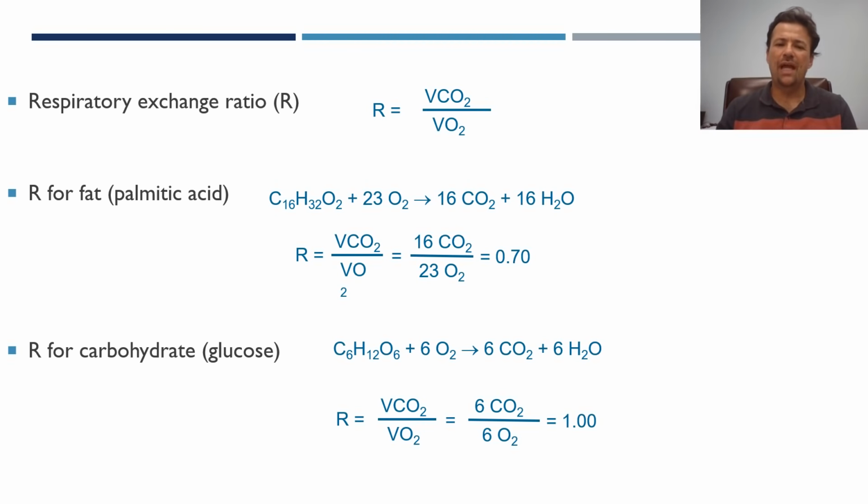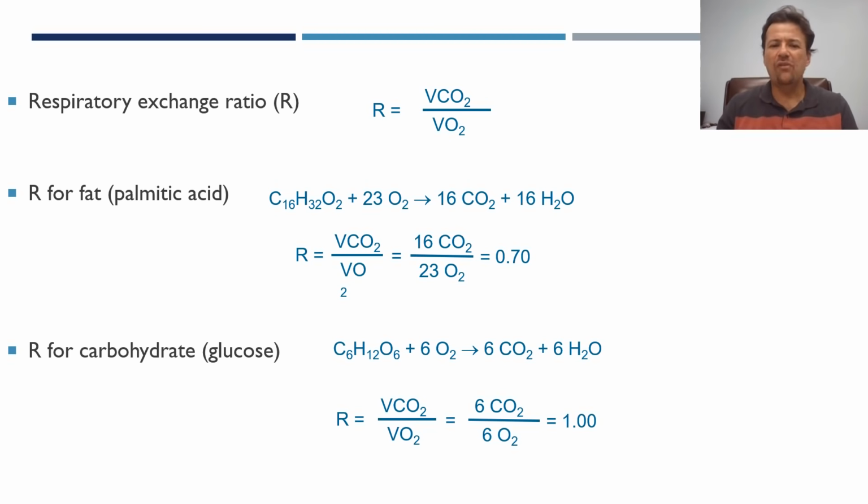And that's a general principle that holds. If you are utilizing and burning fats only, then your R value is 0.7. So if you see an R value of 0.7, that means you're only burning fats. But if you see an R value of 1, that means you're only burning carbohydrates.